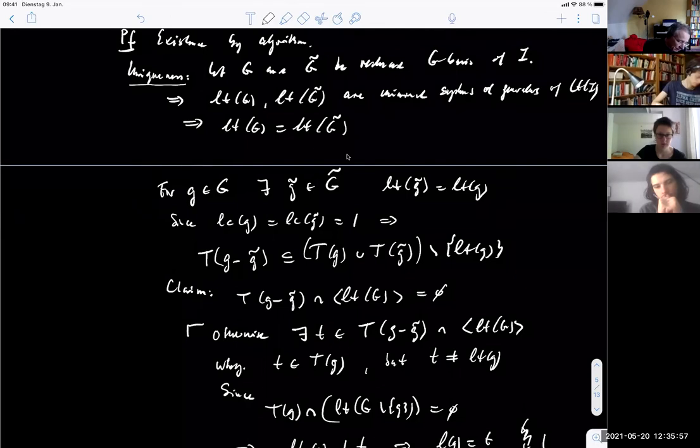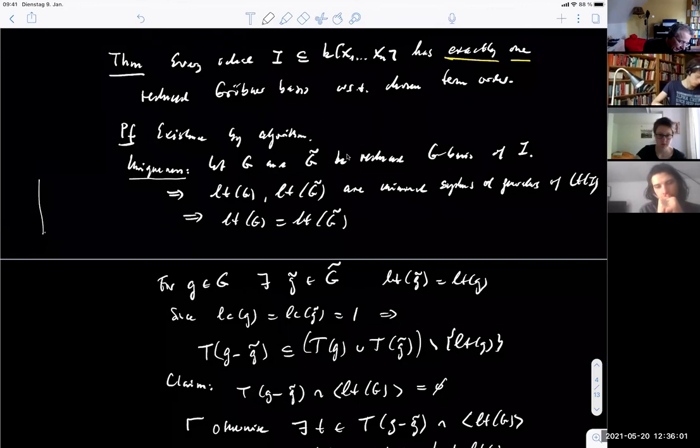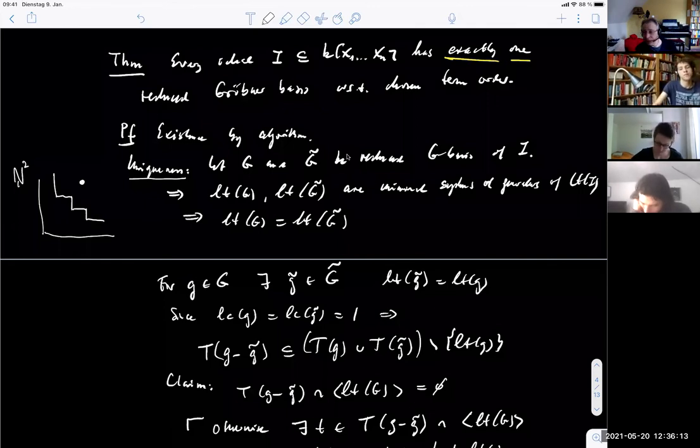So it had to do with this picture. Okay, I make a picture like in N2. So if I picture a monomial ideal, a monomial in 2 variables will be a pair of natural numbers, which I can represent as a point in N2. So I have a couple of points, okay?